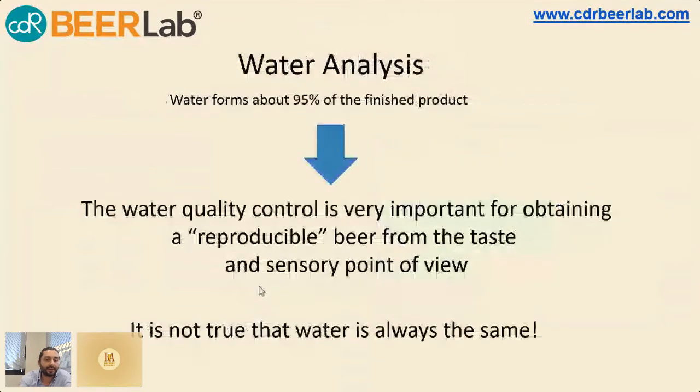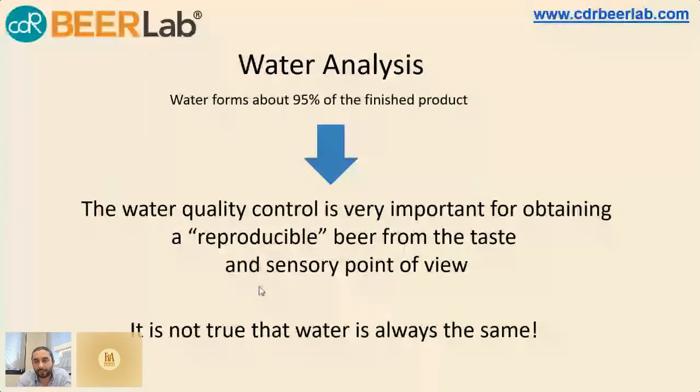Okay, the water analysis. Again, here the water is very important and is different everywhere, and this is the reason why it's very important to check it if you are not able to reproduce it in the proper way. So here you are able to detect practically the most important parameters that can affect the taste of your finished beer.